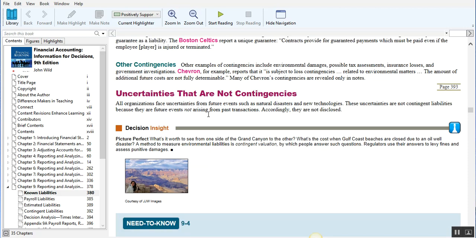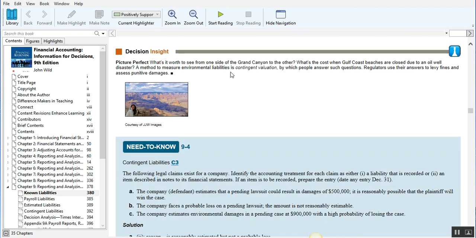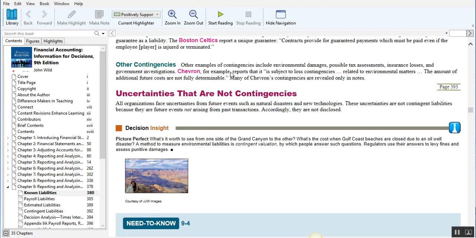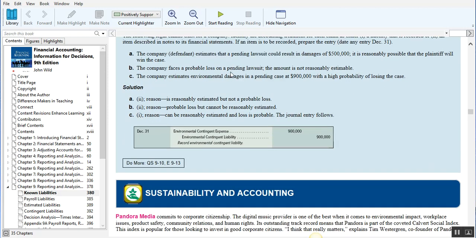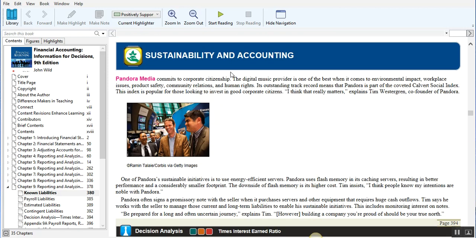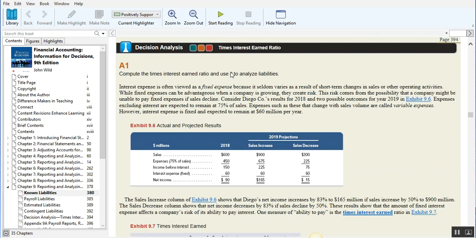And then if you have other contingencies, in this case the oil company Chevron, for example, if there were possible claims related to environmental issues like a leak at an oil well or something of that nature, those things might require some obligation from the company and possible future payment. So those are really the liabilities that we want to talk about here.